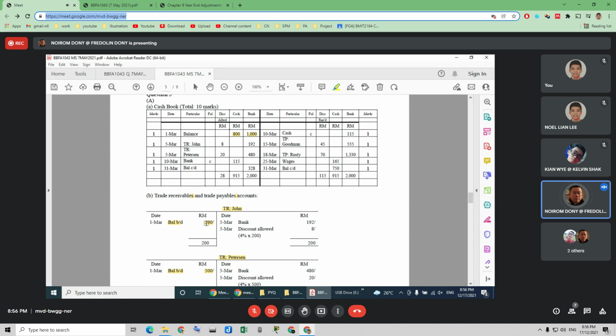So only 96% out of 200. So 200 times 96%, the check amount is actually 192 only. So we debit the bank column 192. And what is the balance, 8 ringgit? It is under discount allowed.